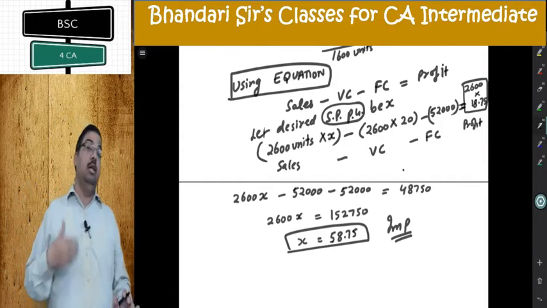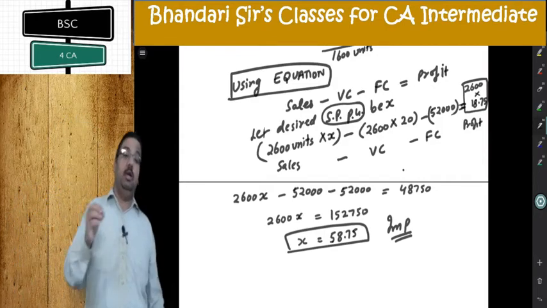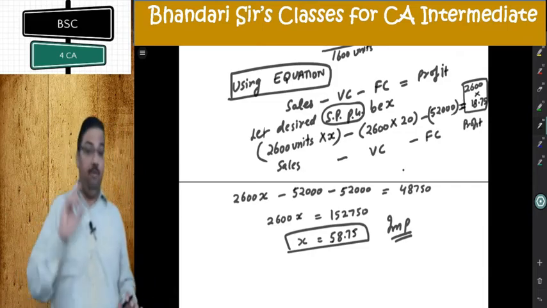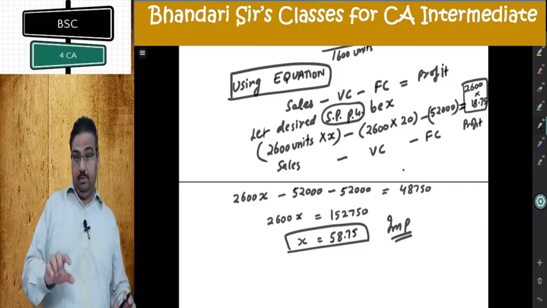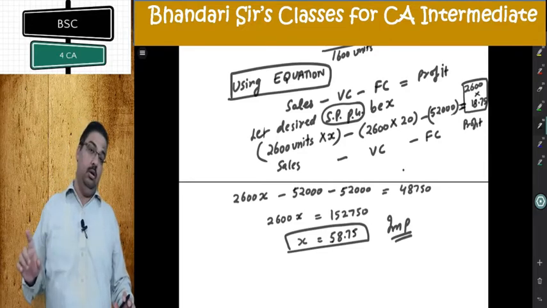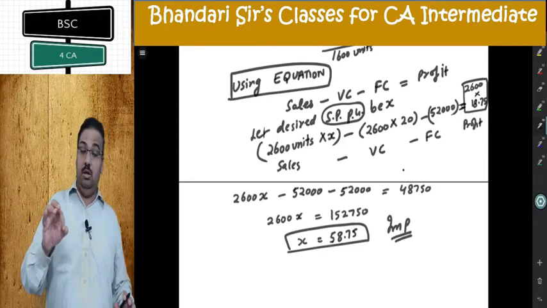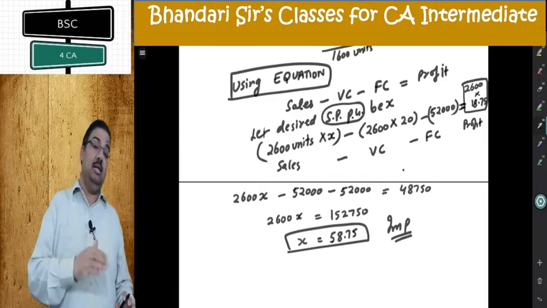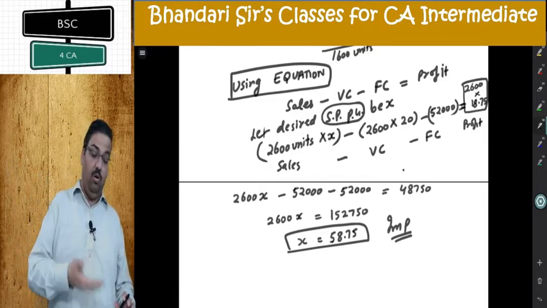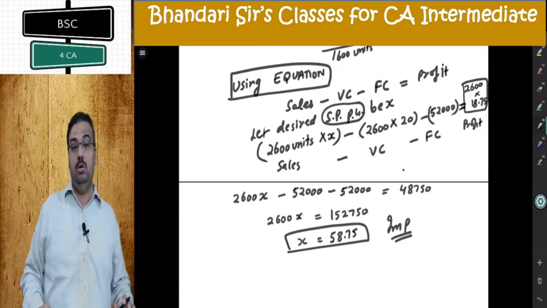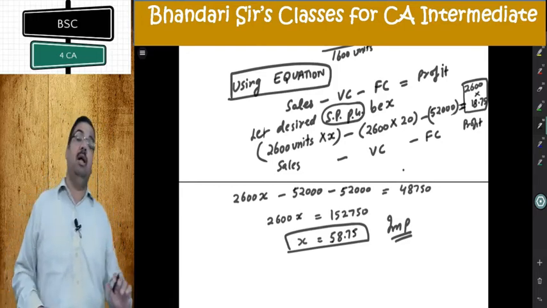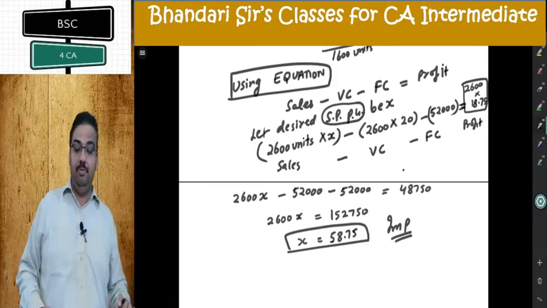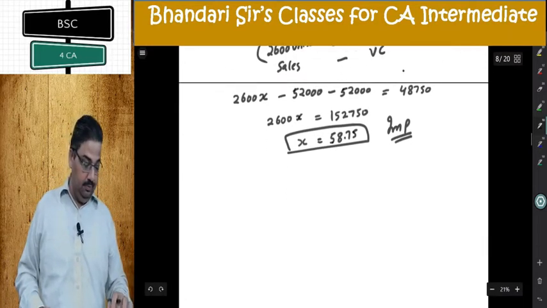Fixed cost, he says, will increase by 2000, from 50,000 becomes 52,000. And profit he wants to maintain per unit, not a total. If per unit, per bucket word is omitted from there, the answer is bound to be different. Because then right hand side will be 30,000 and not 48,750 as in this question. So I am getting required selling price 58.75. Next one.